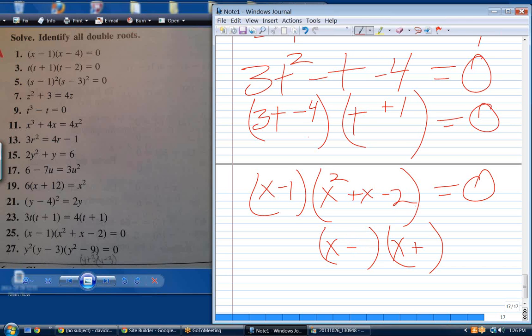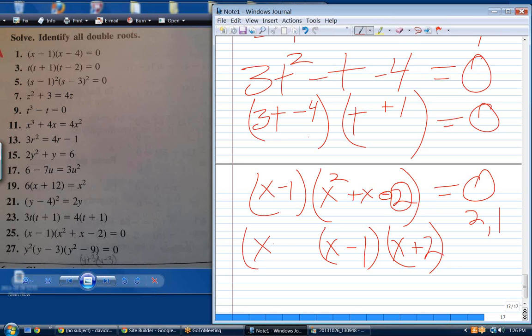Factors of 2 that subtract to the coefficient, which is 1. Just that number. So that would be 2 and 1. Where's the 2 go? Where's the 1 go? The 2 goes in the positive section, the 1 goes in the negative.